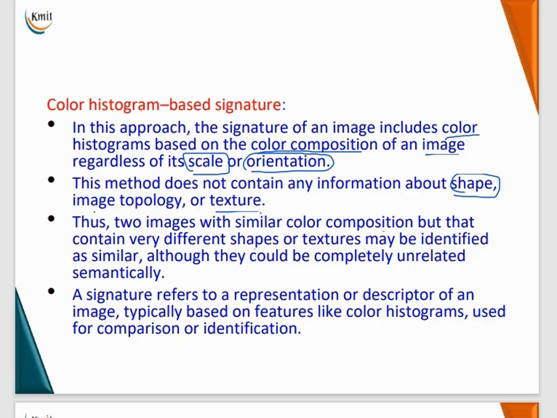So it compares only with respect to color composition. It does not take into consideration the shape and texture.